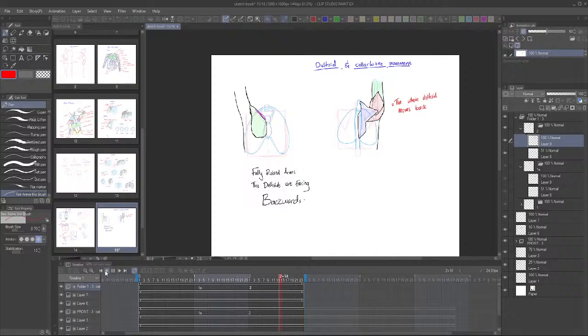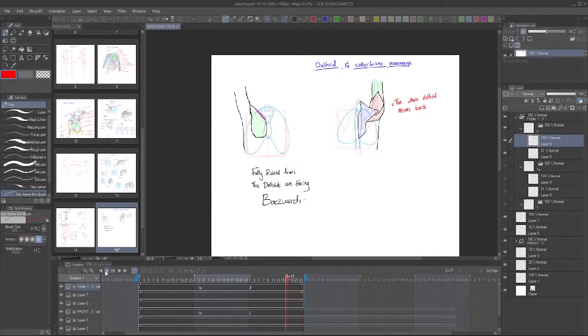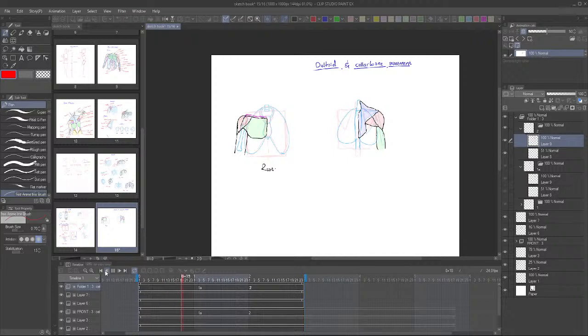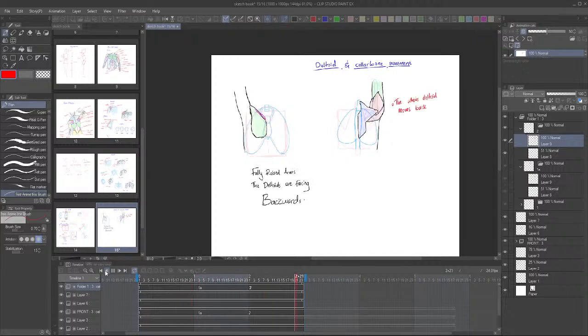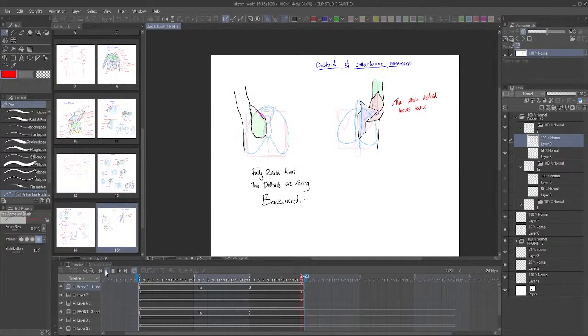So we learn daily. Expect more of this. We said we'll be learning anatomy every day, then we apply that into our animations.